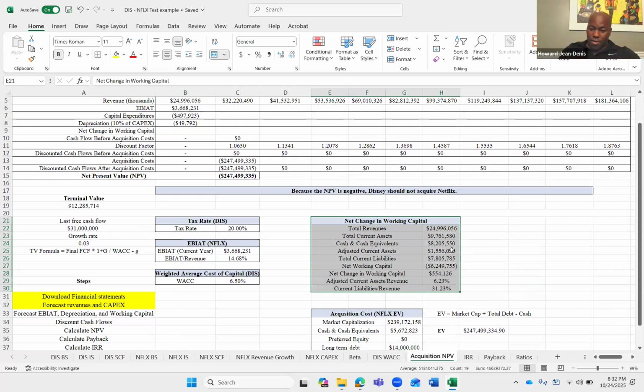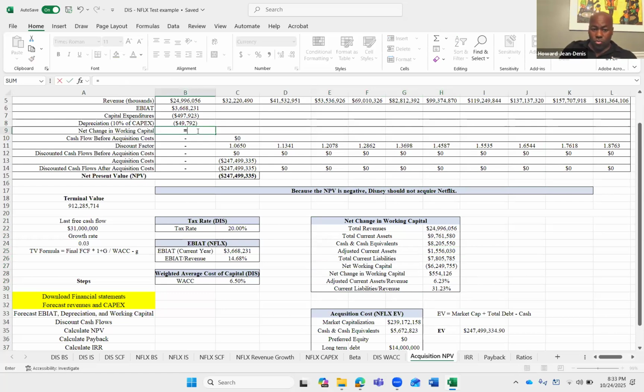I want you to exclude cash, take out cash, and find adjusted current assets. If you compare it to total current liabilities, you'll find out what your working capital is. For Netflix, total current liabilities are higher, right? And so the net change in working capital for last year is 554,126.